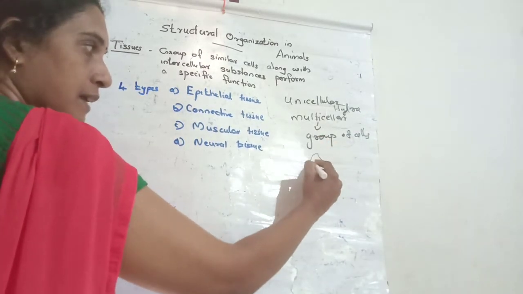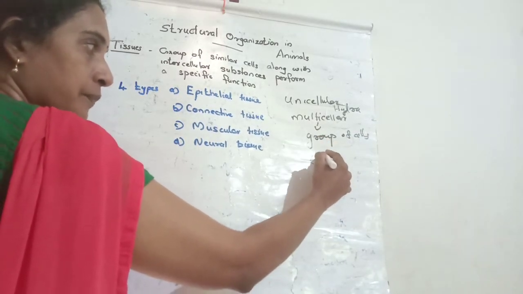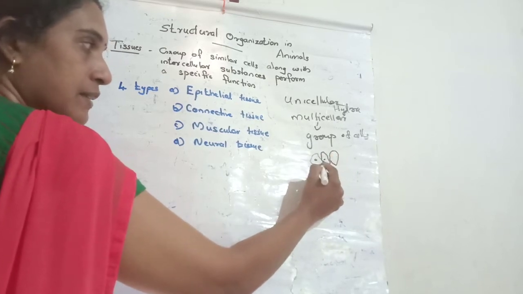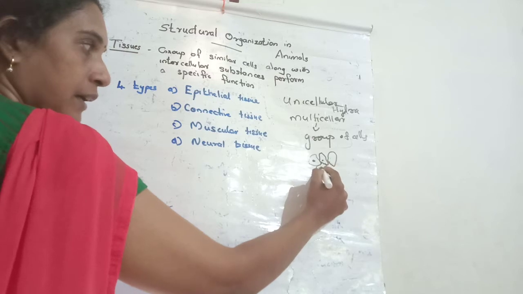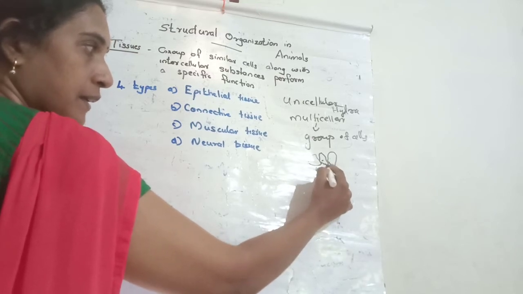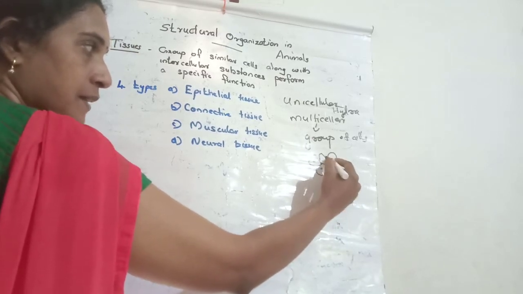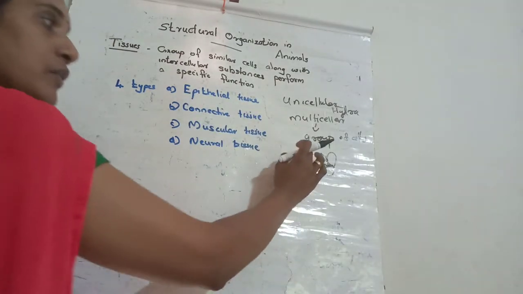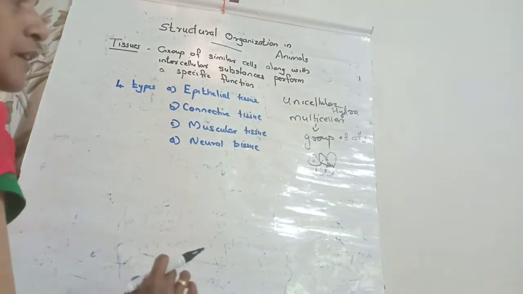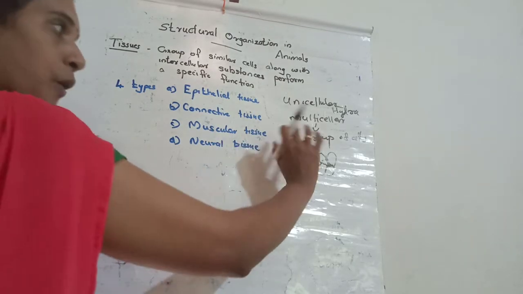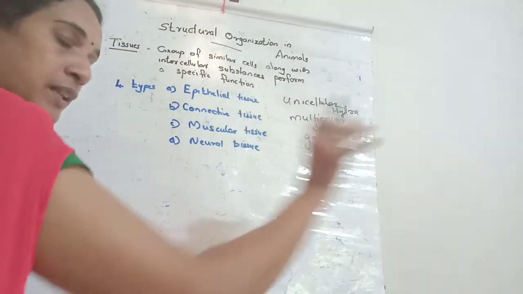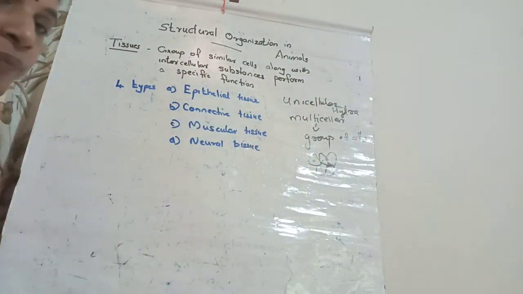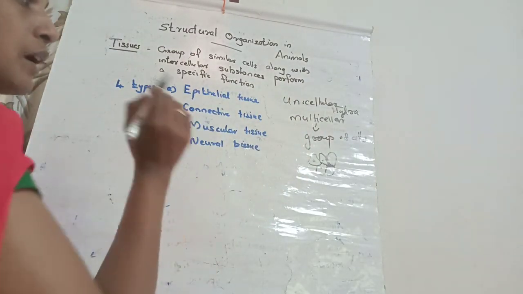This is a group of cells, and along with the intracellular substances, the substances between the cells, they together perform a function. That group of cells is known as tissue.